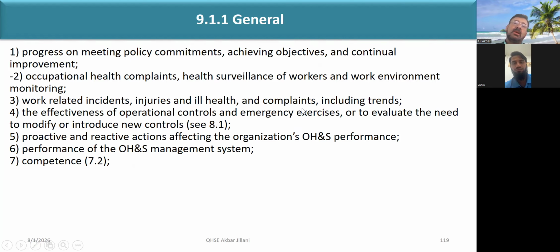Trend means, like, if they have 20 incidents, which types of incidents, the categories of incidents we have, like slip trip accidents, how many they have. Now, like machinery, injury from the machinery, how many incidents they have. So based on this, we will change the risk assessment.